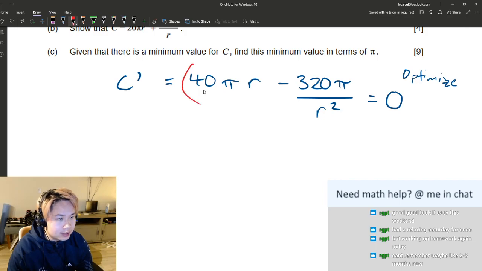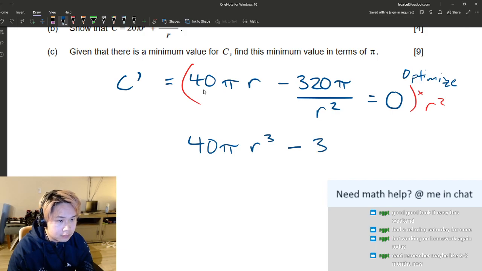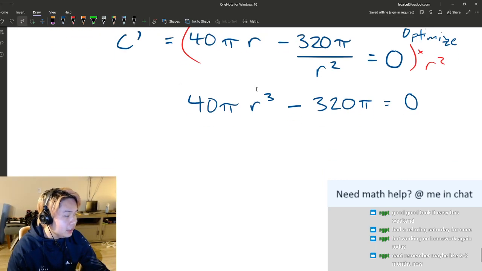Before we do, I'm going to multiply everything by r squared. And then you'll have this, and this is way easier to solve for r.